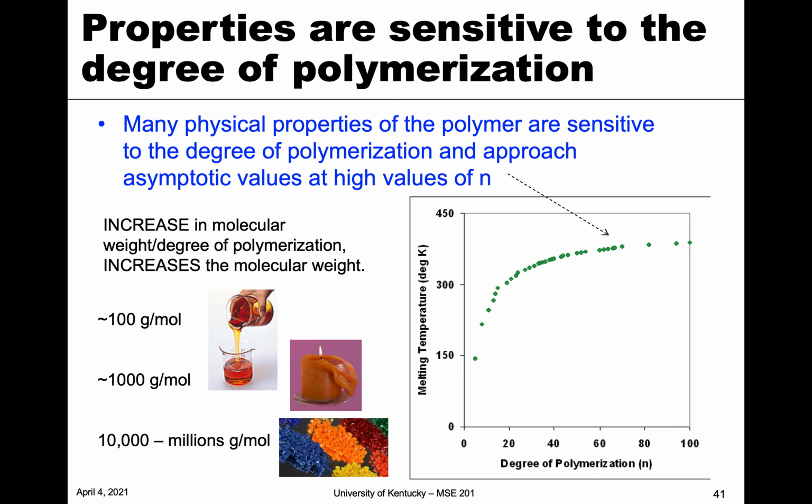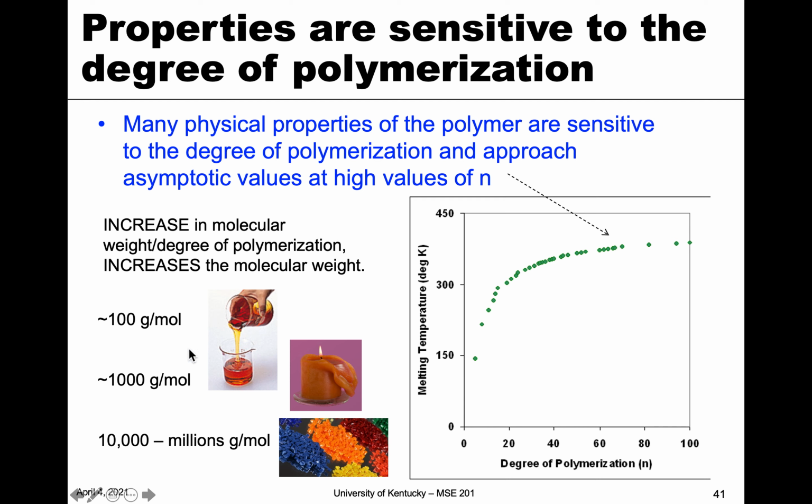Polyethylene, when it was very, very short, like methane, right, was a gas. When it was in the intermediate range, it was kind of a wax, a paraffin wax, candle wax. And then when it was much larger, it was a solid. The same thing here. We see that if we're only 100 grams per mole, or we only have a few repeat units, then it tends to be a liquid.